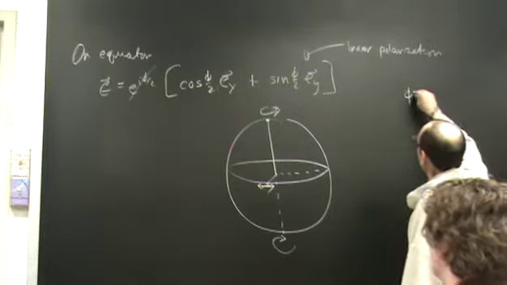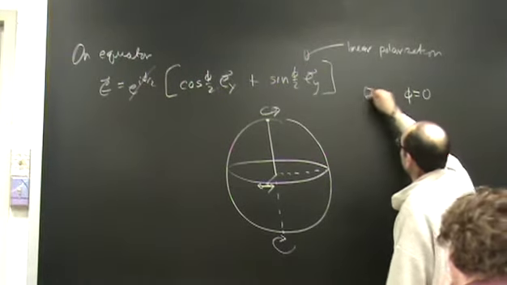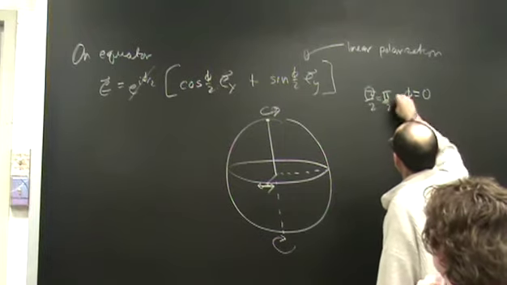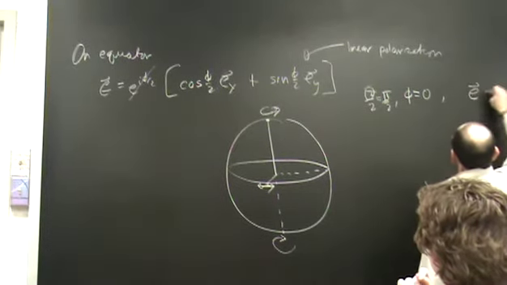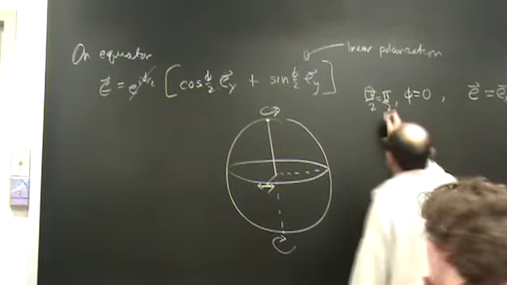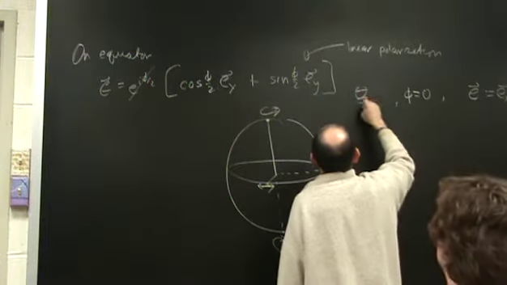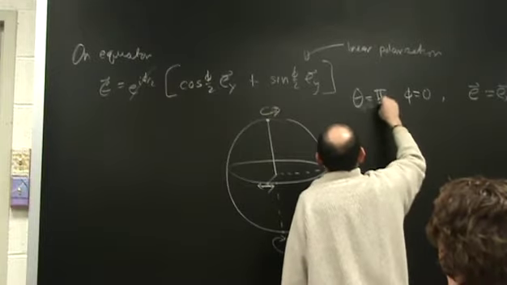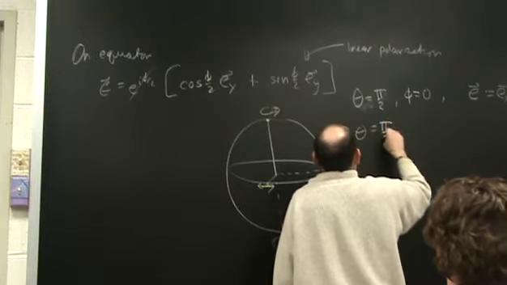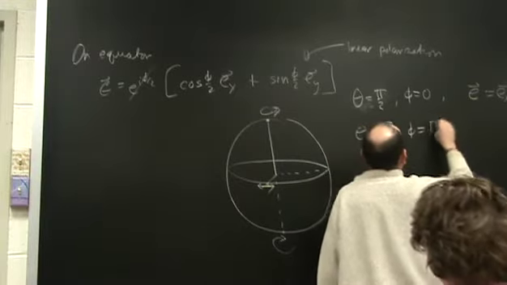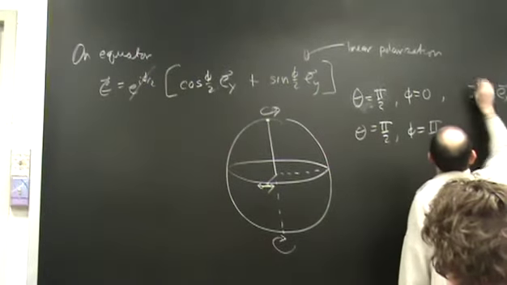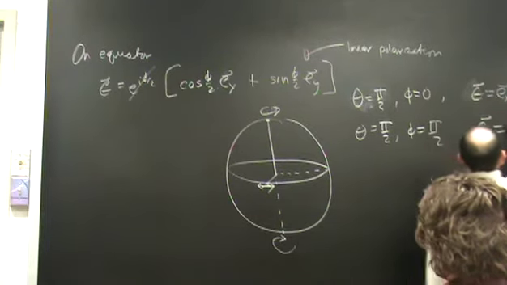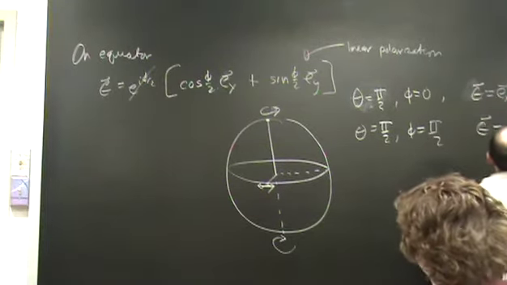So at phi equals 0, theta equals pi over 2. Let's just write it out. My polarization is x when theta is equal to pi over 2 and phi is equal to 0. When phi is equal to pi over 2, epsilon equals (ex plus ey) over root 2.